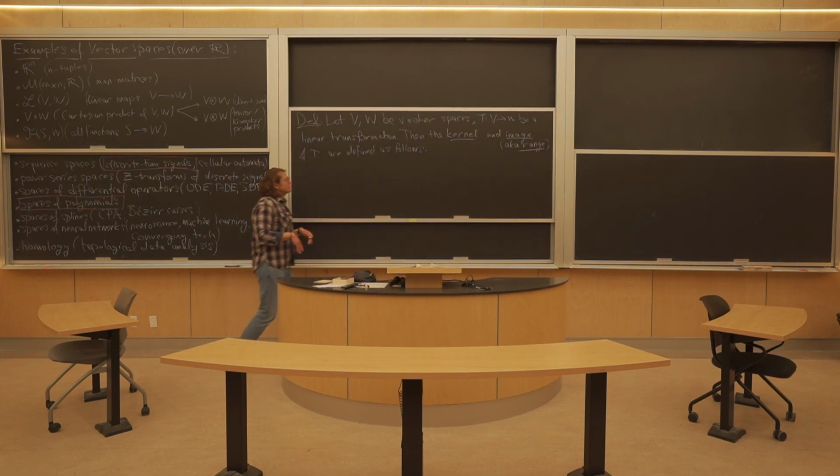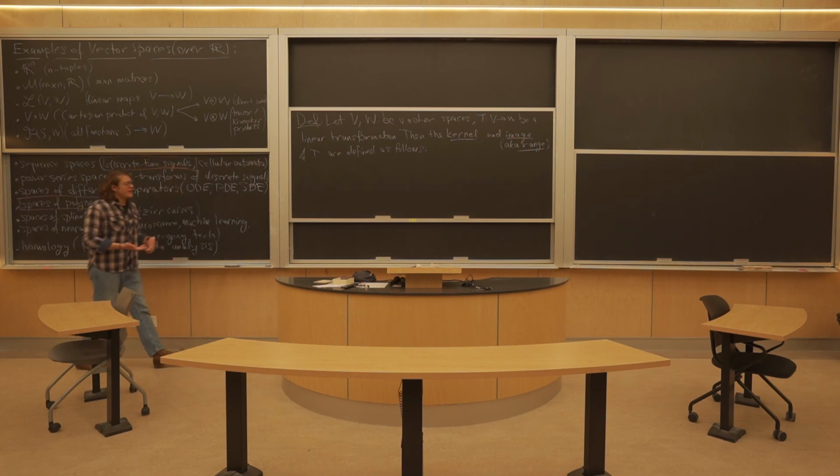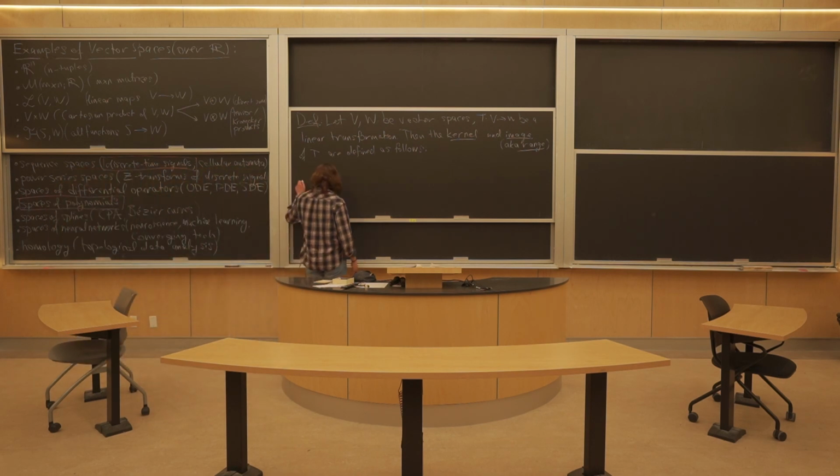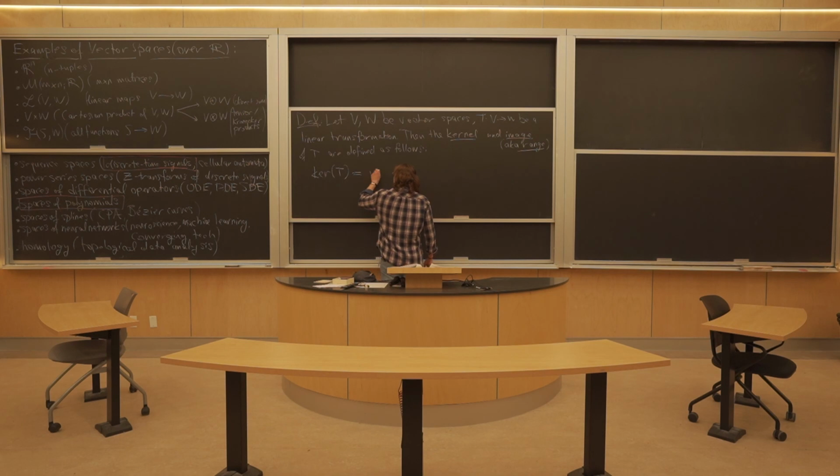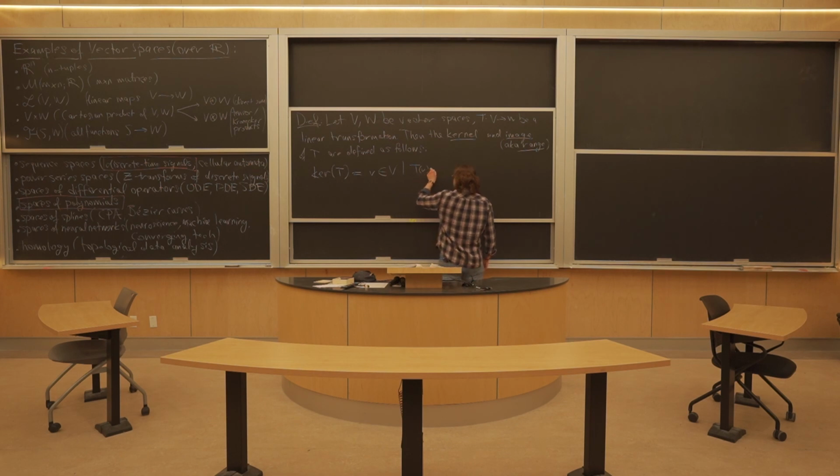So before we were writing null of A or null of T, now we write ker of A or ker of T. Ker of T is the set of all those vectors v such that T sends v to the zero vector of W, whatever that zero vector is.